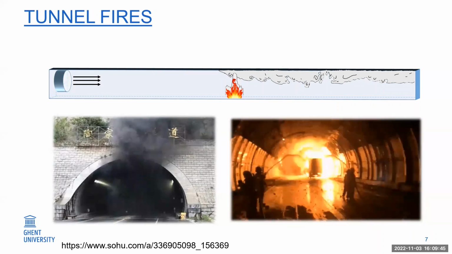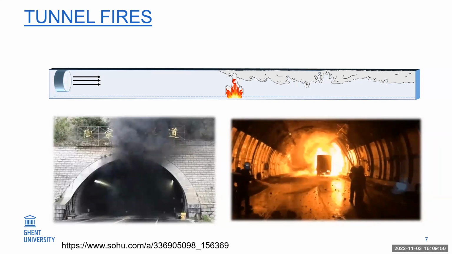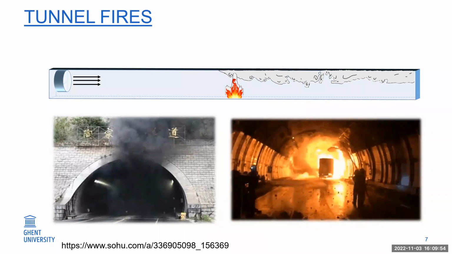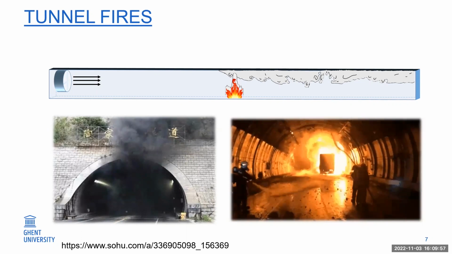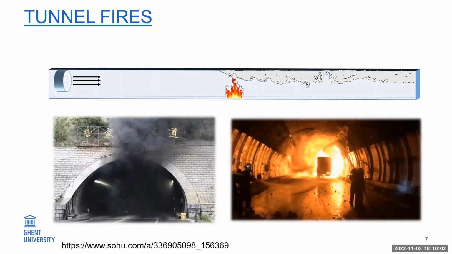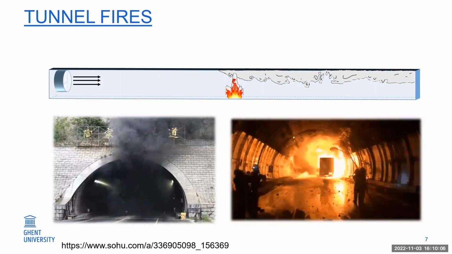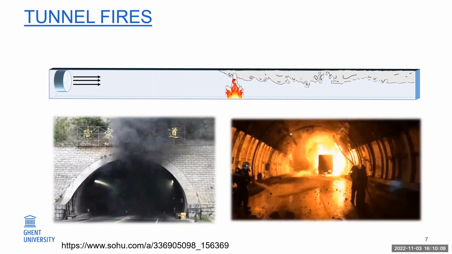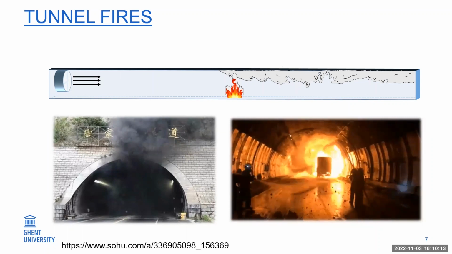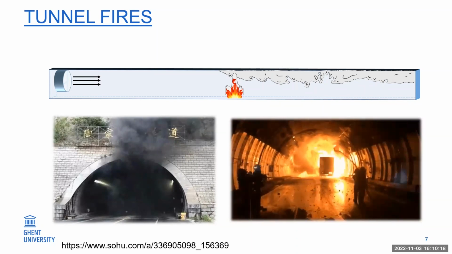So far, many correlations have been proposed by many scholars because this is a very important parameter. However, with all of these correlations, if they want to know the critical velocity, they need to know the fire size, the tunnel dimensions, the slope of the tunnel, and so on.